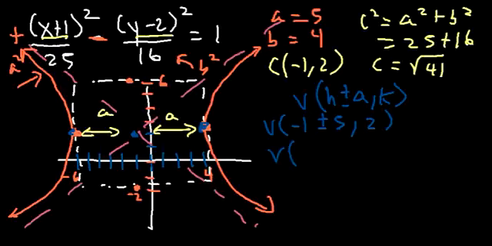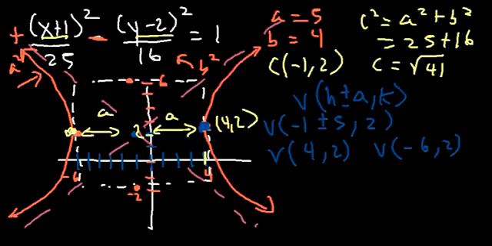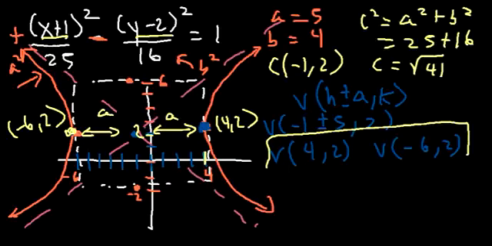So -1 plus 5, that's 4, and -1 minus 5 is -6. So this point, as we can see, is 4, 2. Here this is 2, and this is 4, so that's 4, 2. And this one is at -6, 2, which is what we have. So those are the vertices of the graph.